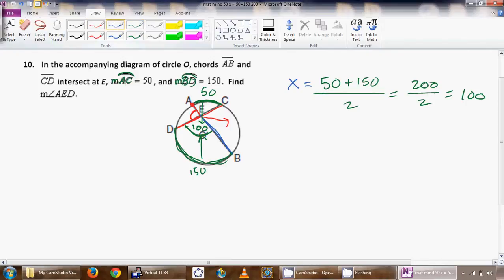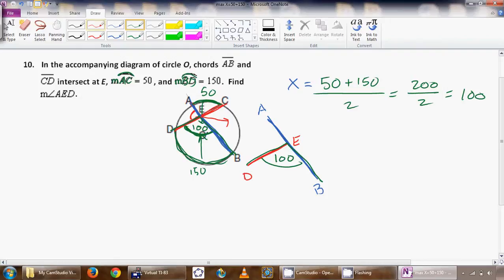Well, if I pull out this AB, there's chord AB, and then I'm going to toss in this part of this chord DC. There's D to E. We figured out angle DEB is 100 degrees.